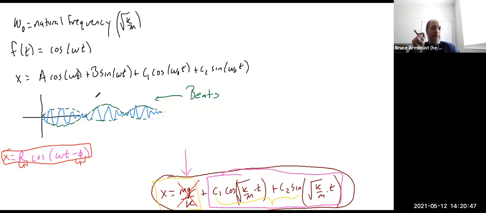I don't know if you guys remember this that were in my class last year, but if that frequency is not the same as the natural frequency, but close, you get this. And in fact, the closer those frequencies are, the smaller that beat frequency is, because the beat frequency is the difference in the two. Let me actually just write that down here.